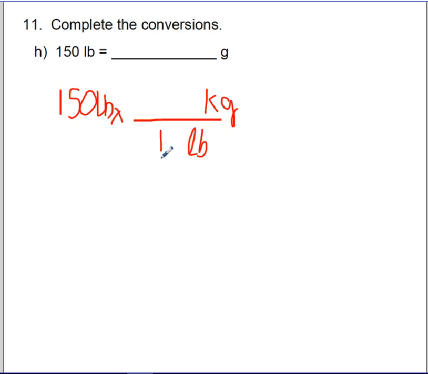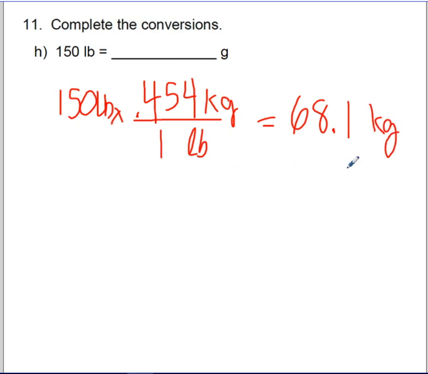And again, the conversion is 1 pound to every 0.454 kilogram. And so that gives us 68.1, and that's in kilograms.